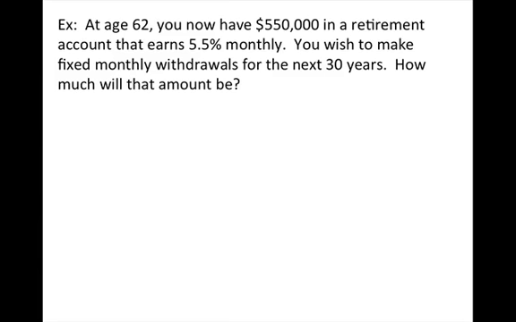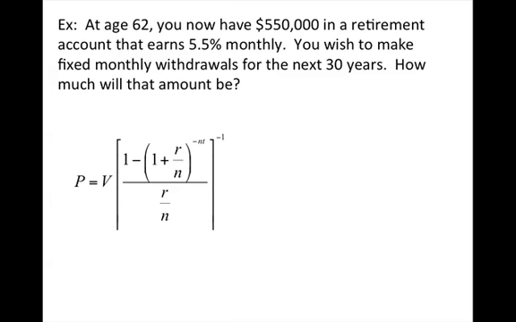I'm looking for the payment amount, so I'm going to use the P equals V formula. My V is the current amount of the account, so that's the $550,000. My P is the payment amount, or the amount of the monthly withdrawals, and that's what I'm looking for.